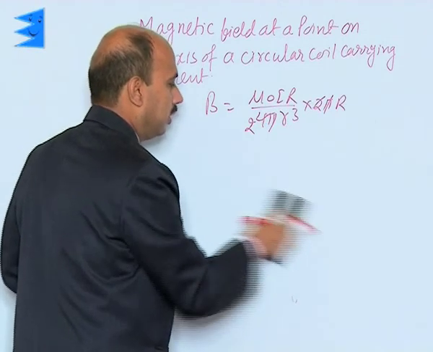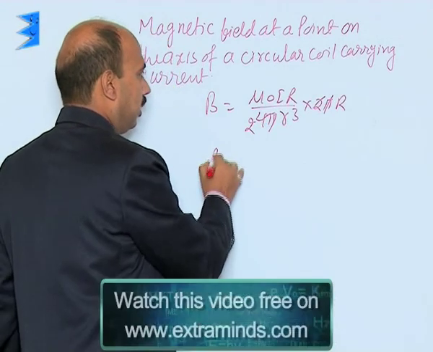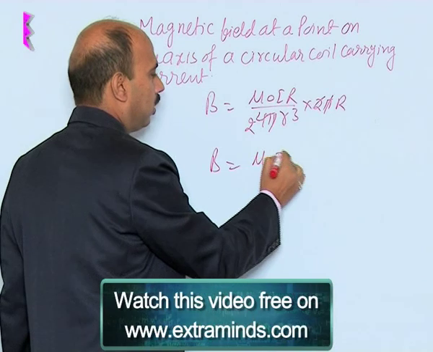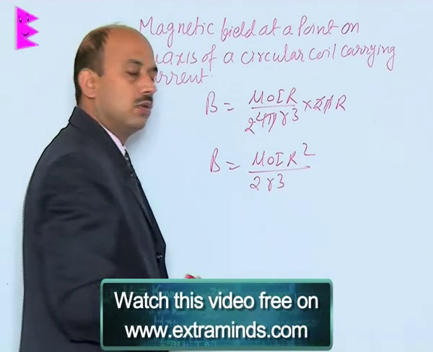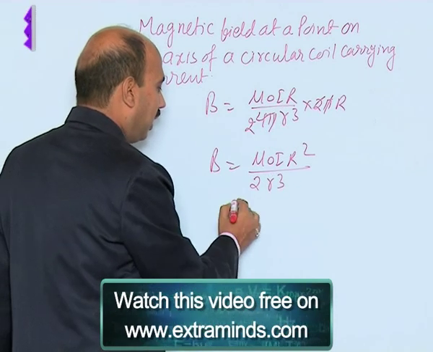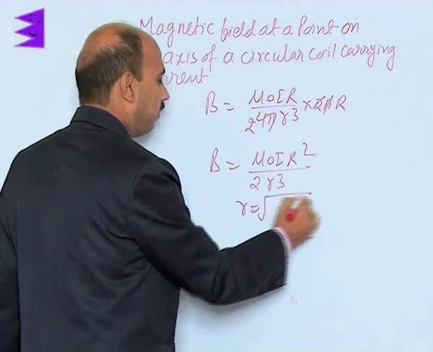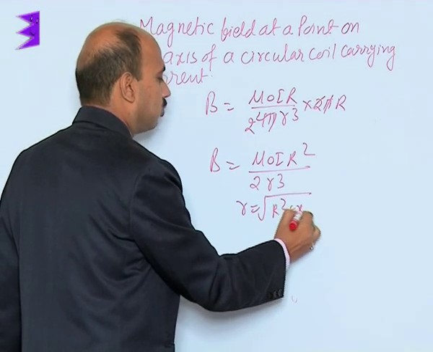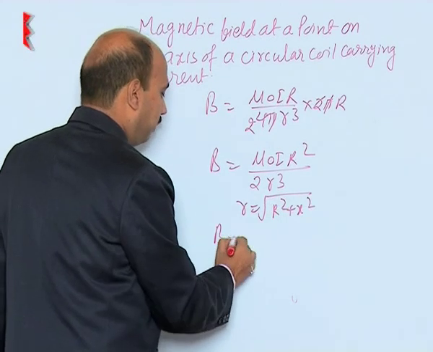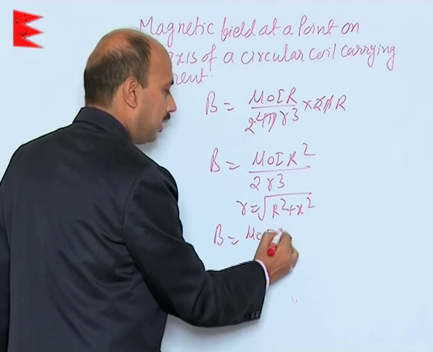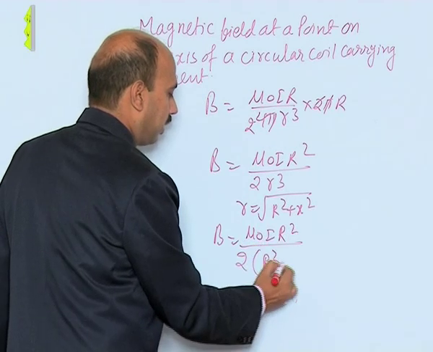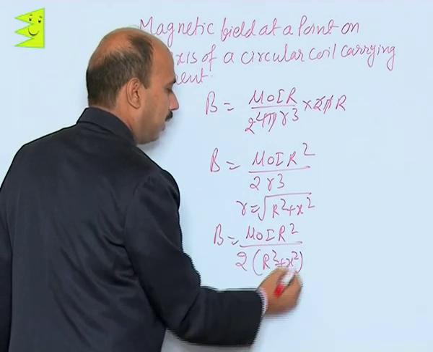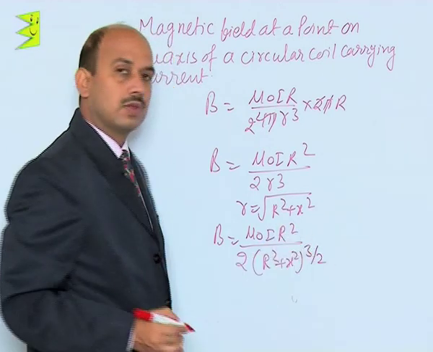As a result, B is equal to mu naught I r square upon twice r cube. Put the value of r as under root of r square plus x square. So, B is equal to mu naught I r square upon twice of r square plus x square raised to power 3 by 2.